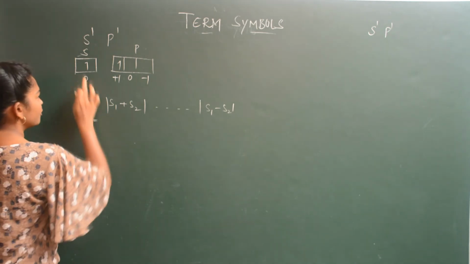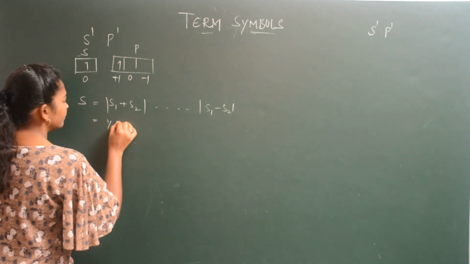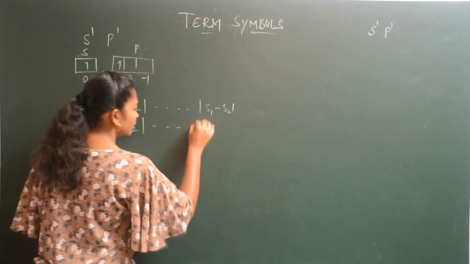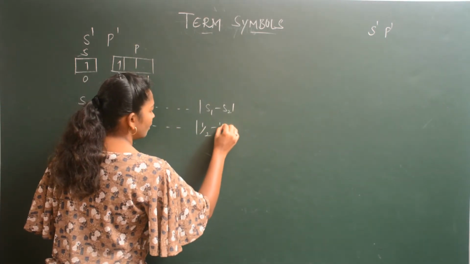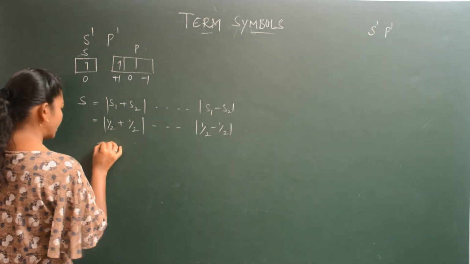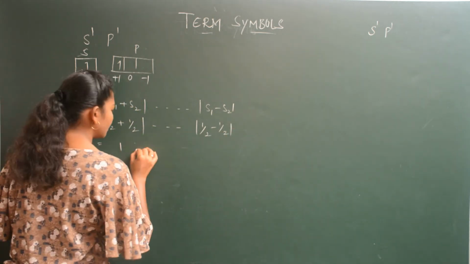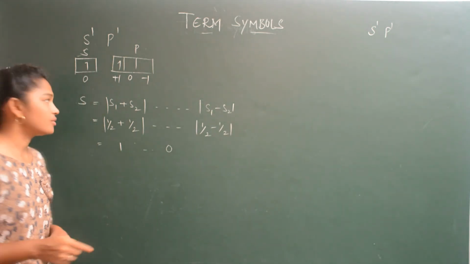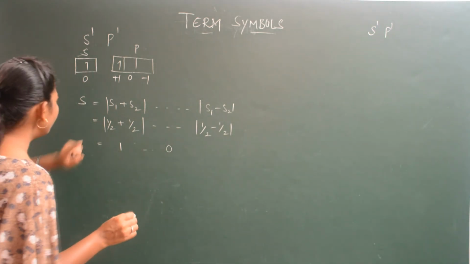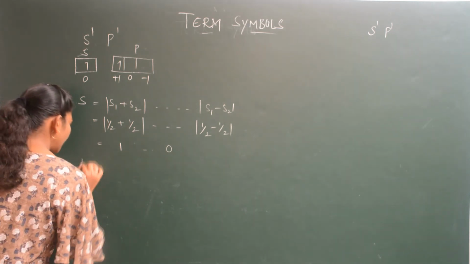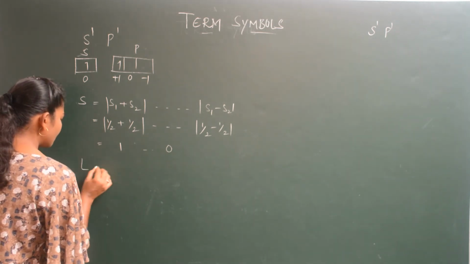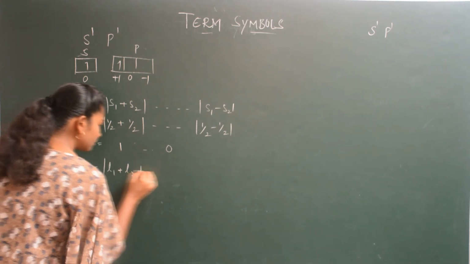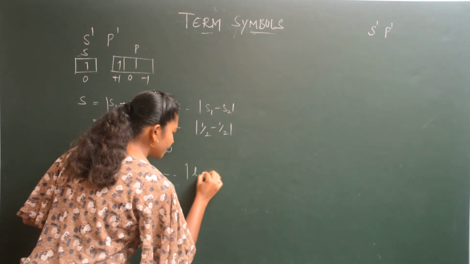So what is the S1 value? Plus half, so plus half and plus half to plus half and minus half. You will get 1 to 0. So these are the possible S values. Now we will find out the L value. For different orbitals you will take L is equal to L1 plus L2 to L1 minus L2.